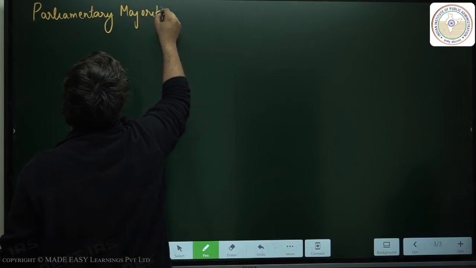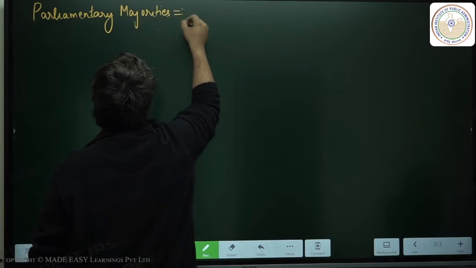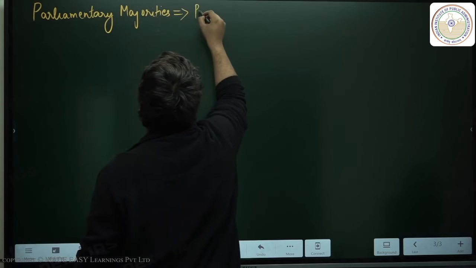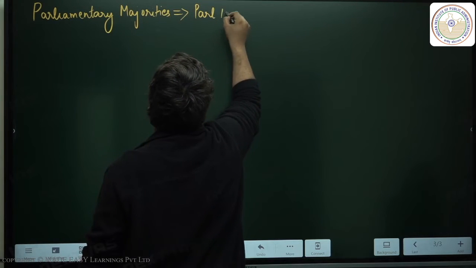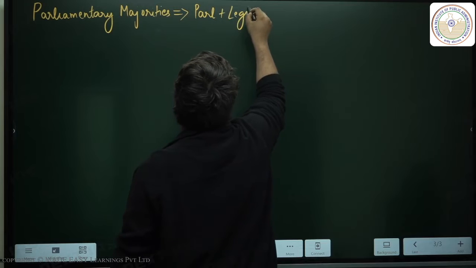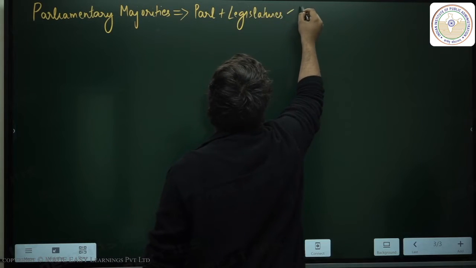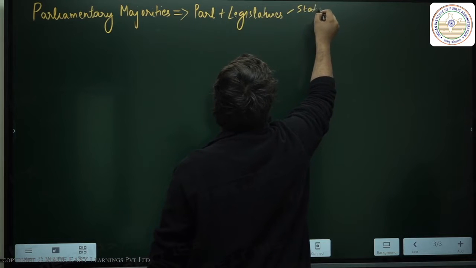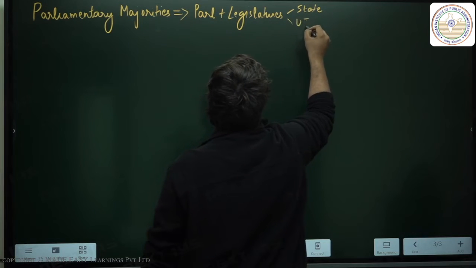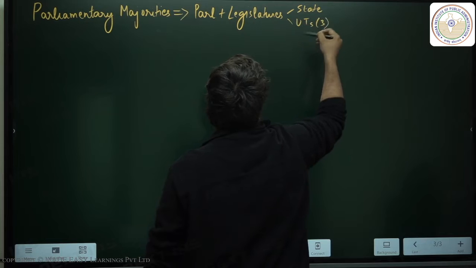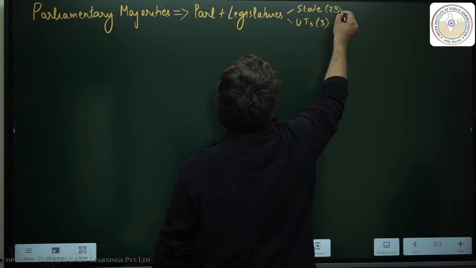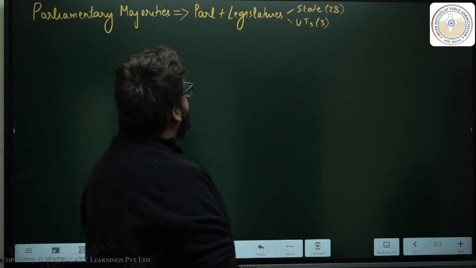Now, parliamentary majorities are applicable both to the parliament as well as the legislatures of the country. Now, these legislatures can include the state legislatures also, and those 3 union territories which have legislatures. Okay?